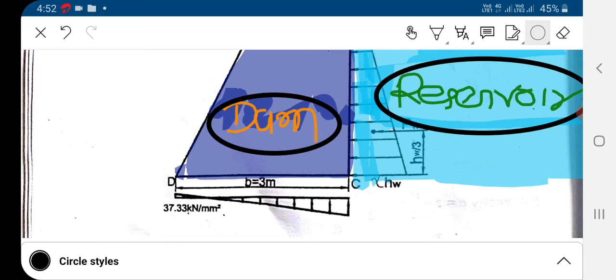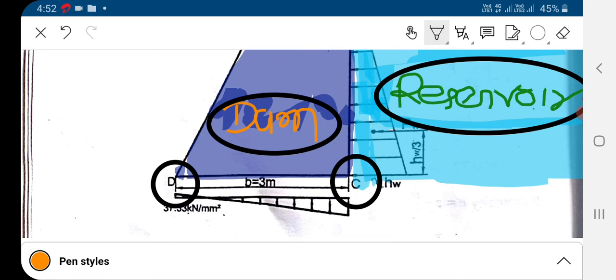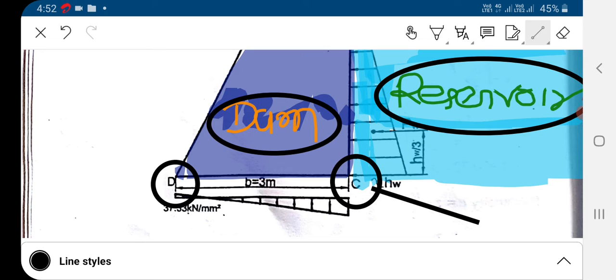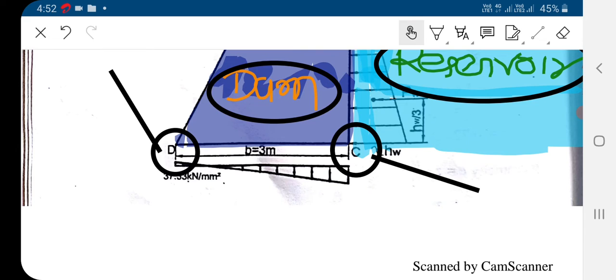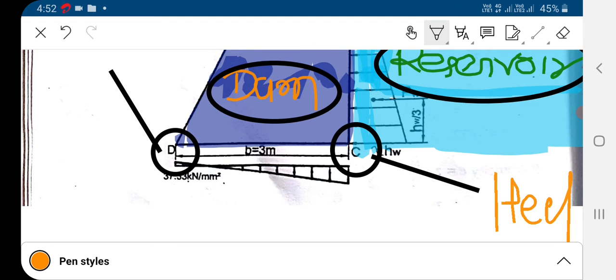Here, on the reservoir side it is the heel, and on this side it is the toe.